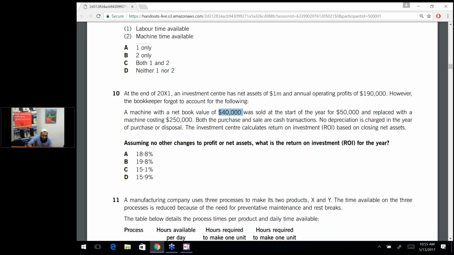So a gain on disposal of 10,000 will be booked. It is replaced with another machine costing 250,000. Both are cash transactions, so there will be an impact on cash. And net assets do include cash. No depreciation is charged in the year of purchase and disposal, so there is no depreciation entry. So it's even easier.